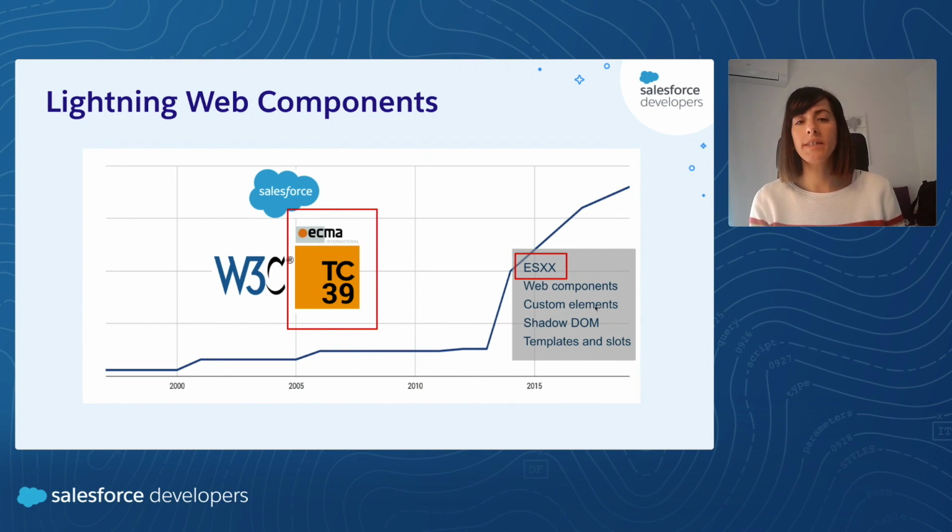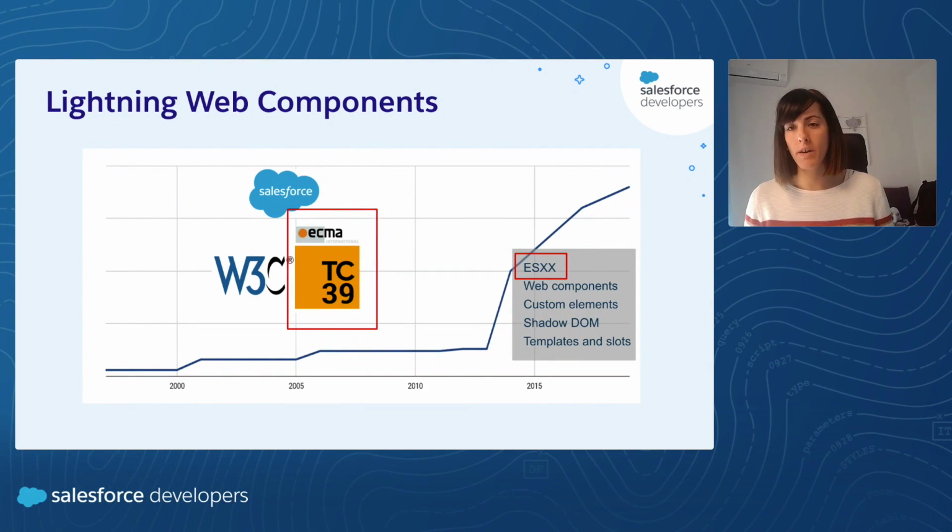Normally the World Wide Web Consortium is the organization that takes care of Web Components standards, and we have also the ECMA International Organization, which is the one that takes care of the ECMAScript specification. It happens that Salesforce is a member of both organizations.